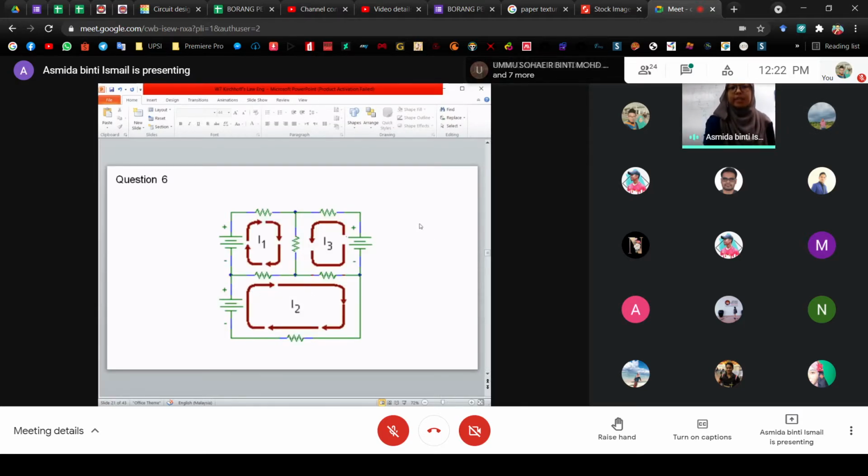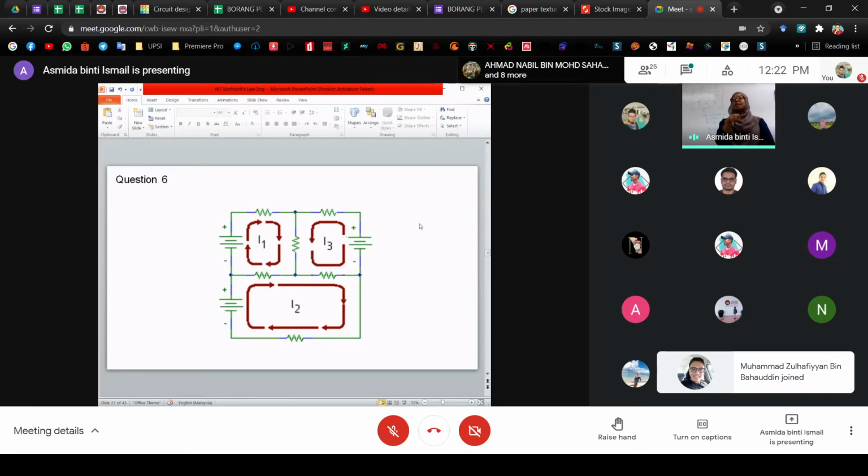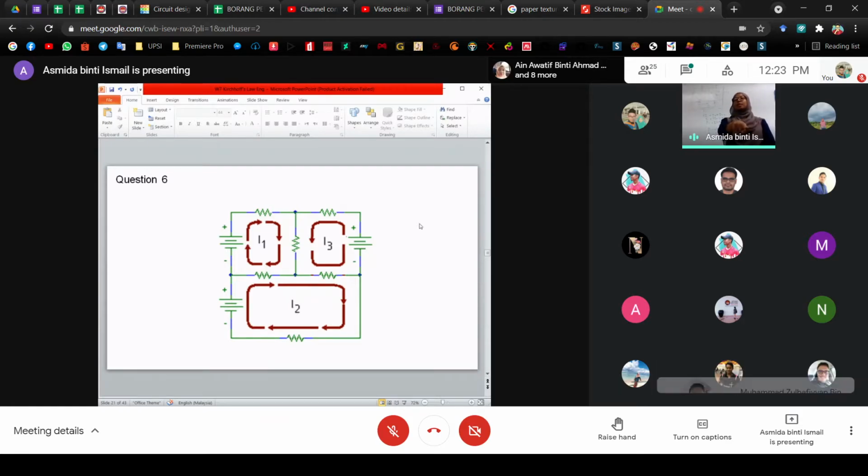Okay, awak guna this direction. Dia punya direction ni guna loop direction. You follow this. Okay. Nanti last nanti saya bagi jawapan. Tengok sama tak dengan jawapan saya.